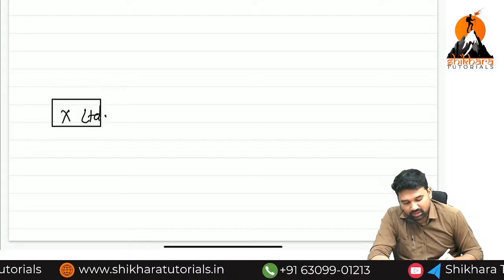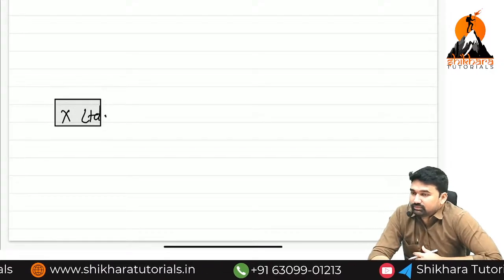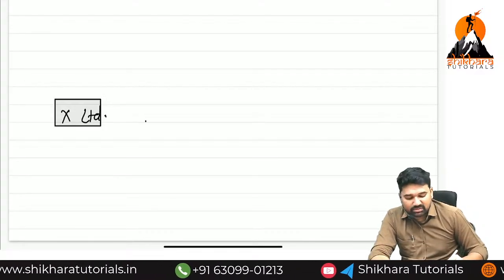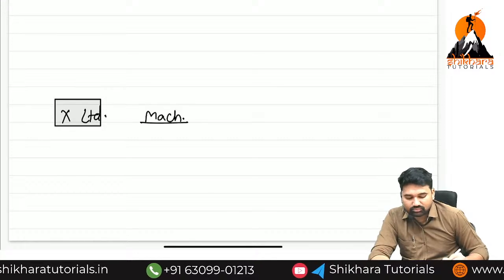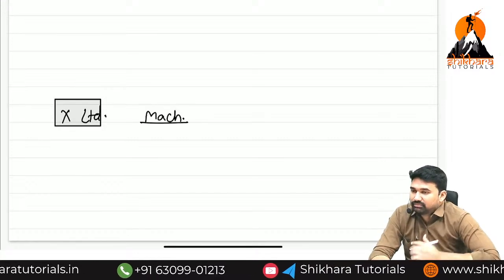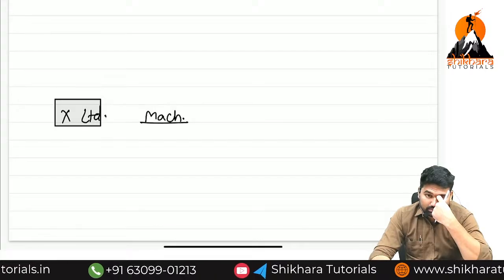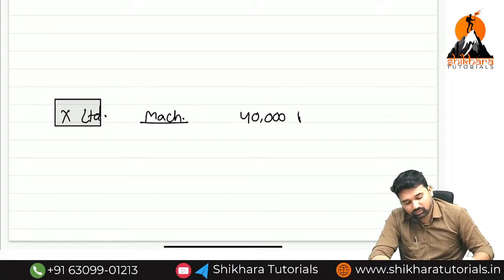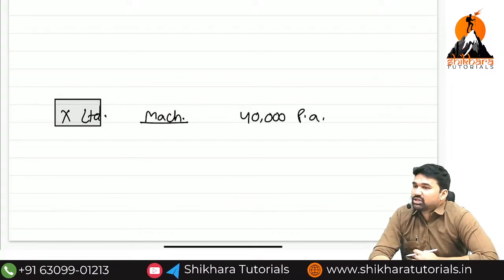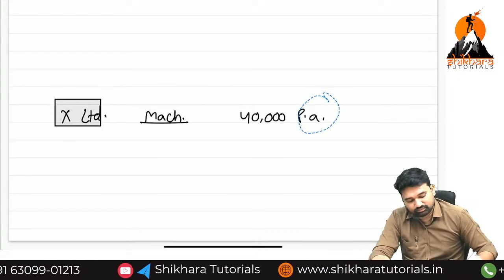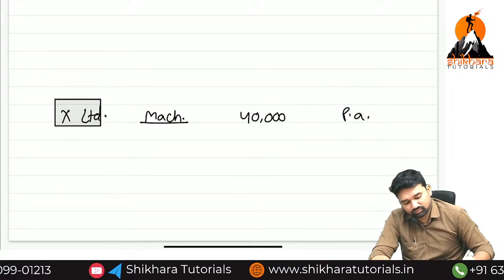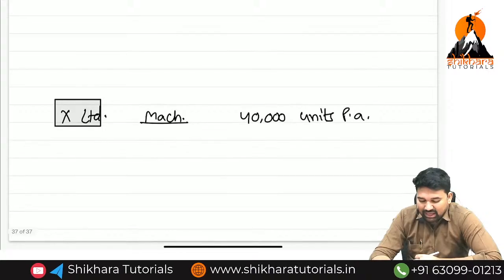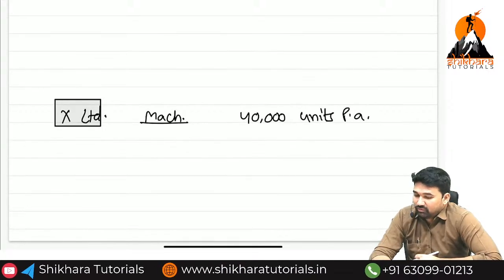There is a company called X Limited. What is the name of the company? X Limited. So X Limited purchases a machinery, and the production capability of that machine is 40,000 units per annum.